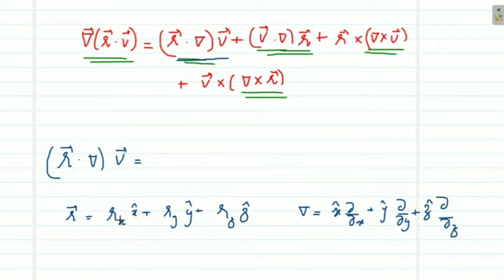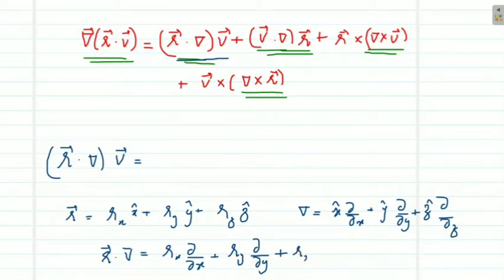So what will be r bar dot del? R bar dot del will be Rx into dou by dou x plus Ry into dou by dou y plus Rz into dou by dou z.